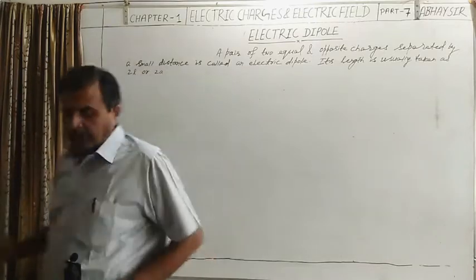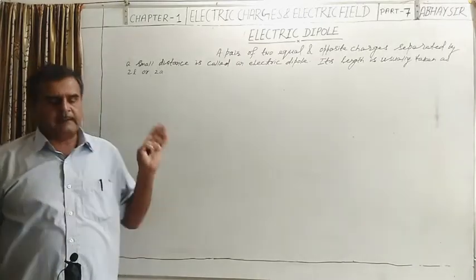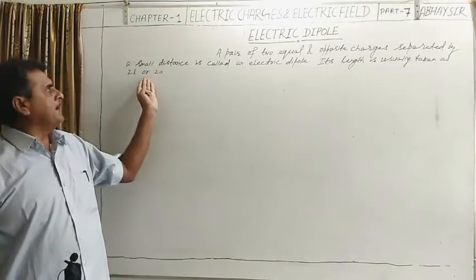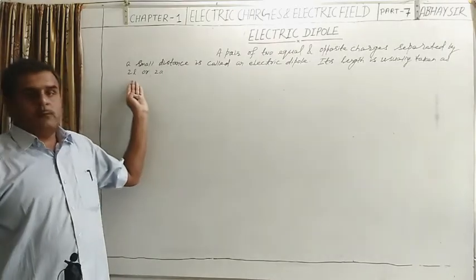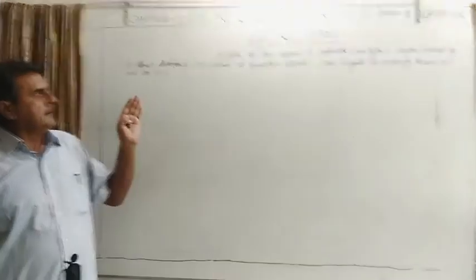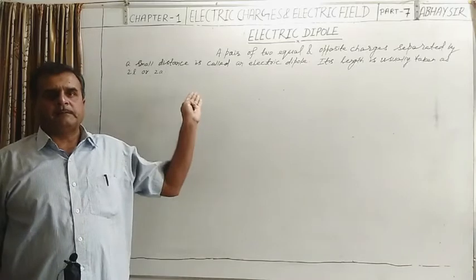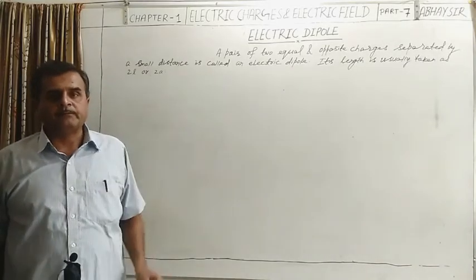A pair of two equal and opposite charges. One charge is minus q, another charge plus q, separated by distance 2l, either 2l or 2a. This system of two equal and opposite charges forms an electric dipole.